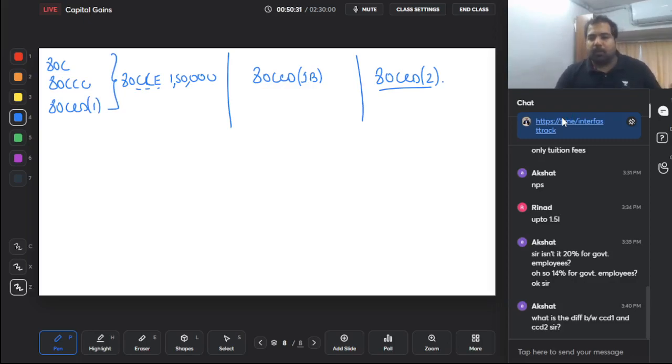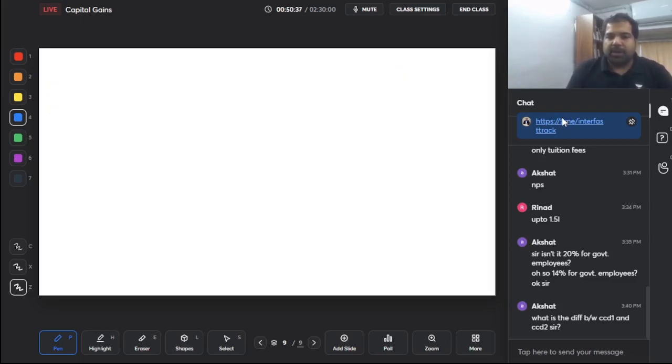Alright, guys, this is the deductions chapter that we've seen till now. Now moving ahead to the next section, which is the D series. Guys, in the 80C series, at one place you could also contribute for your family, that is life insurance. You could contribute for yourself, your spouse, and your children.